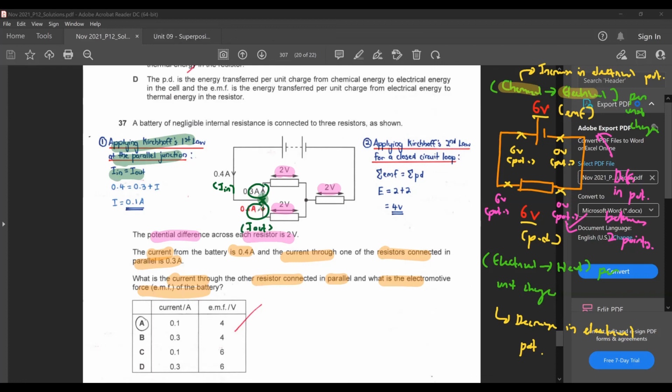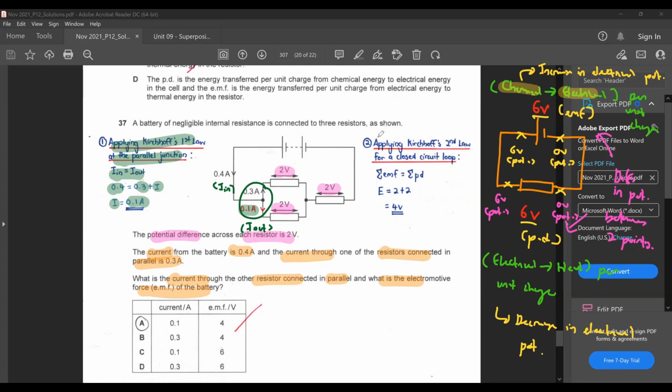So let's just say that this current here is I. So my current in is 0.4 equals 0.3 plus I. I is 0.1 amps, which is this one here. So this one, you know the current.